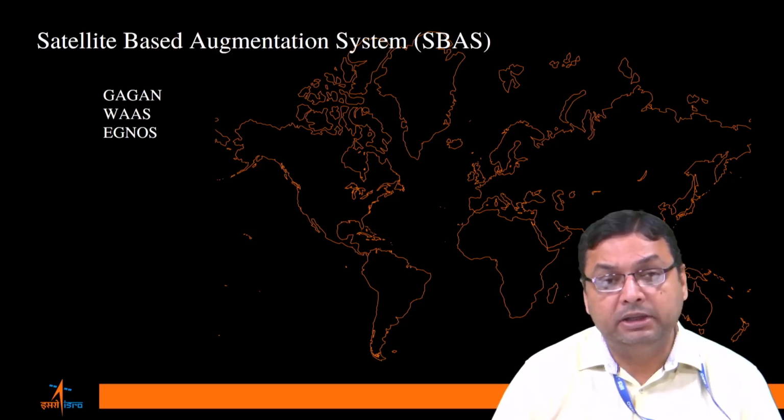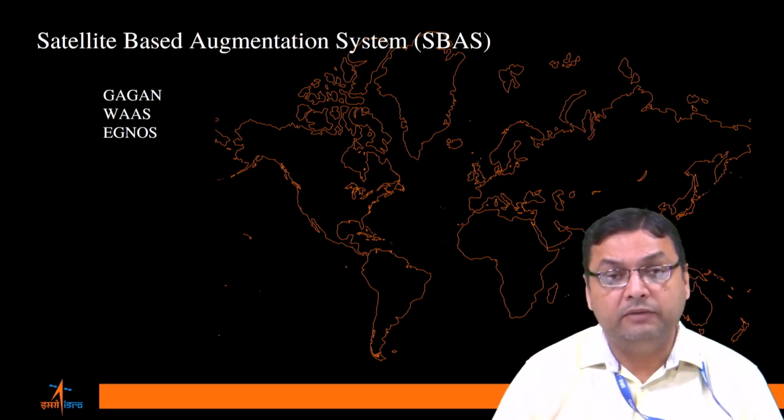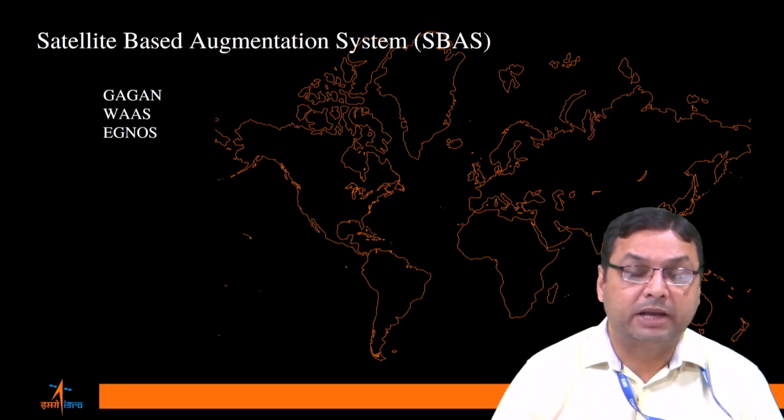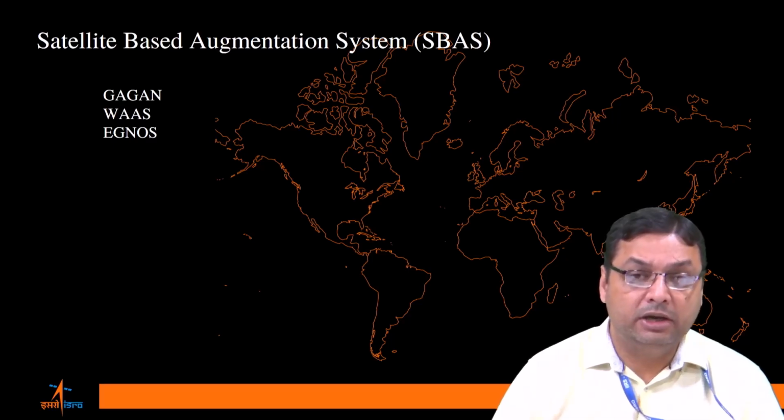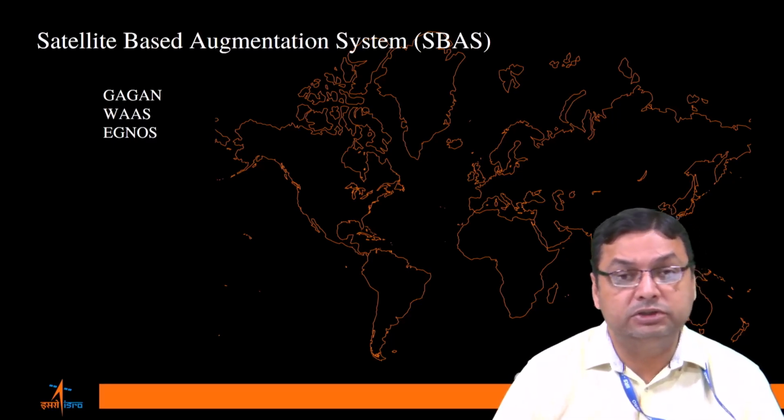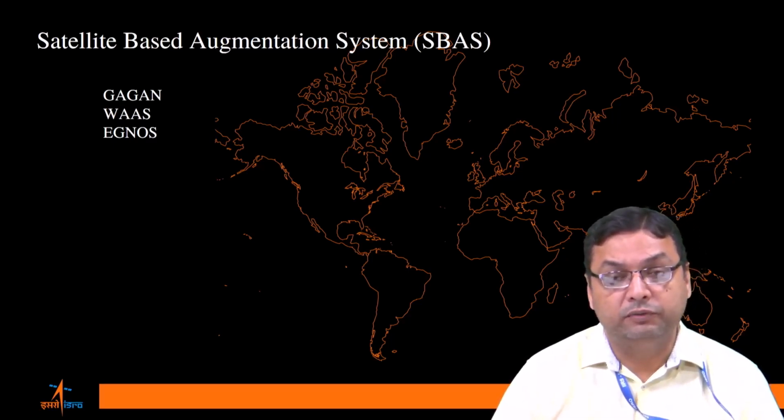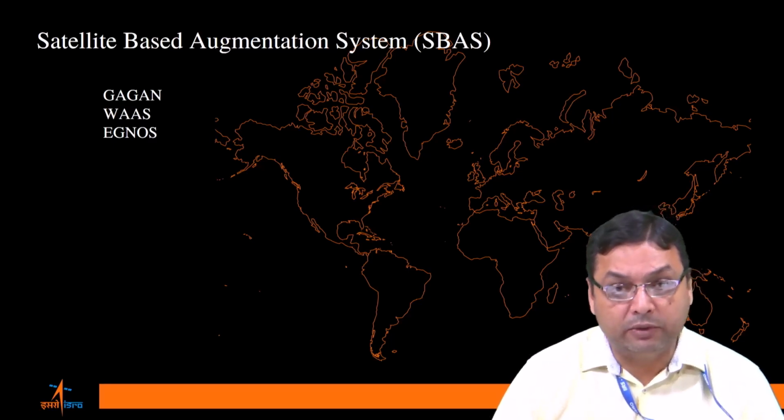In the satellite-based augmentation system, the aircraft are using these services primarily. In real time we are using the services of the geostationary satellites also. We have ground reference stations where we know the very accurate coordinates.